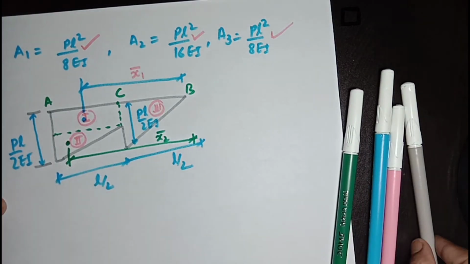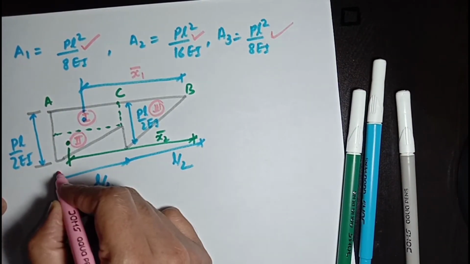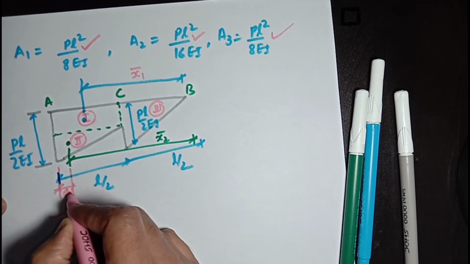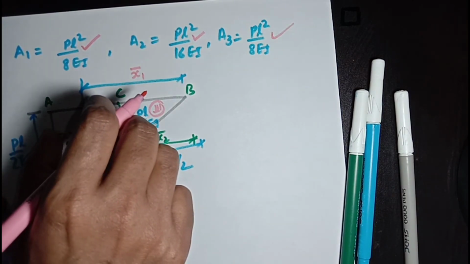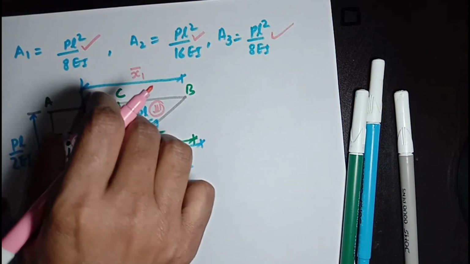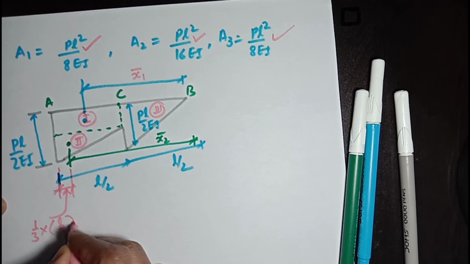This length is 1/3 of this length, and this length is L by 2. This is L divided by 6.